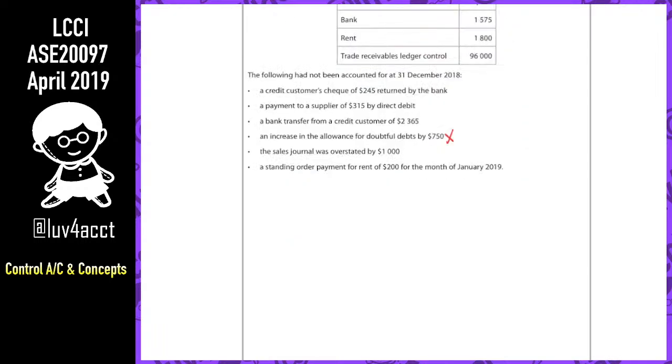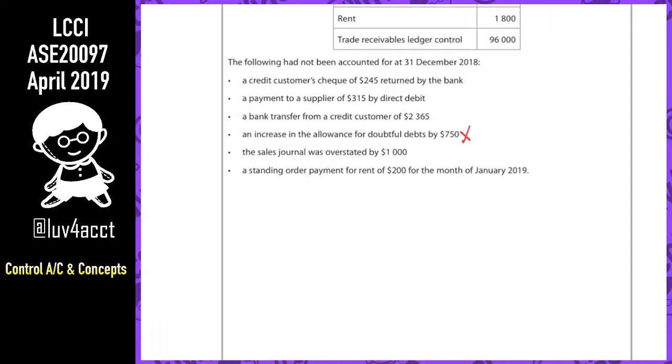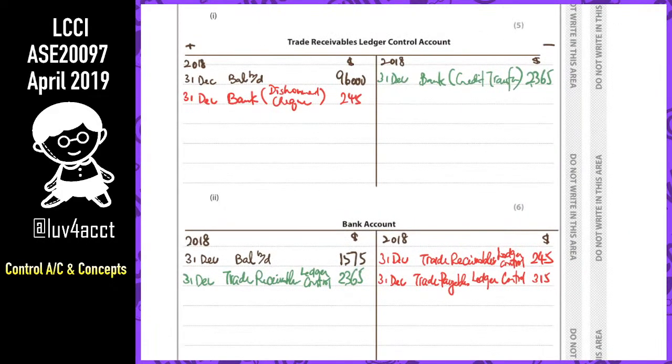Next, an increase in the allowance for doubtful debt. Again, it's not related, so we can ignore. The sales journal was overstated by 1,000. So we have to reduce the amount. 31st December, 1,000.